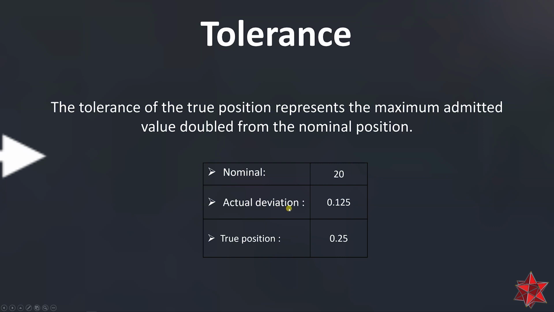The actual deviation from the nominal on a measured part is 0.125. So let's say that this is on a z-axis, right? And the true position value will be 0.25, so it will double the actual deviation on the axis.